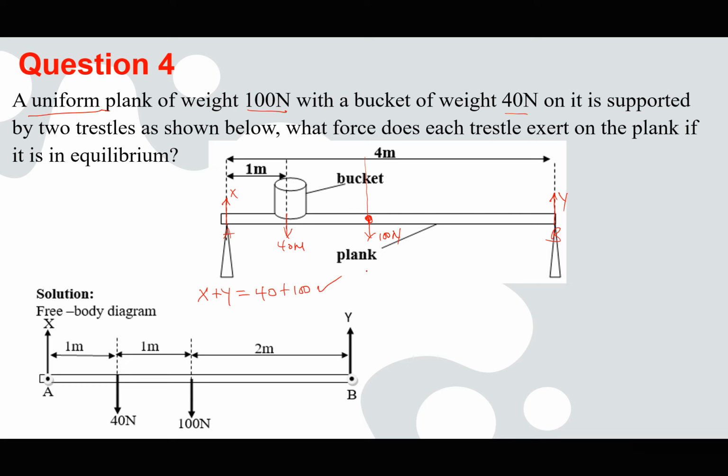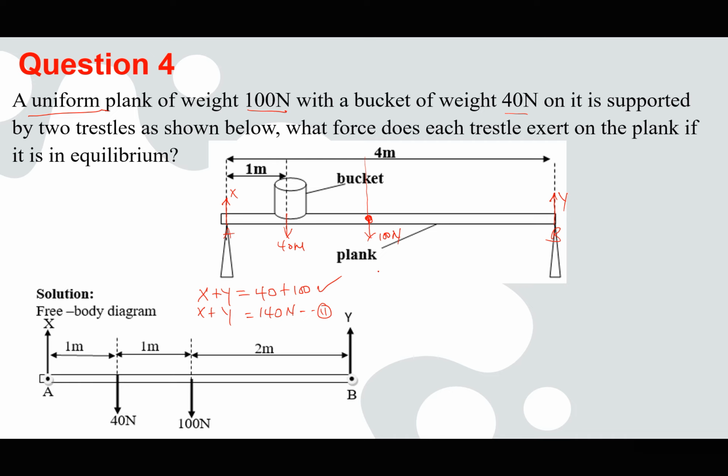That is condition number one. The resultant force should be equal to 0. That is, X plus Y should be equal to 140 newtons. That is, total forces in opposite directions should be equal so that they cancel out.